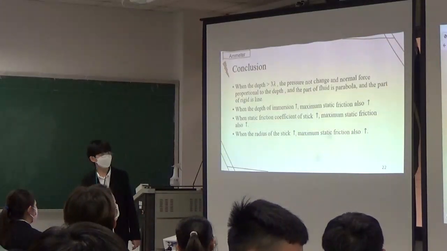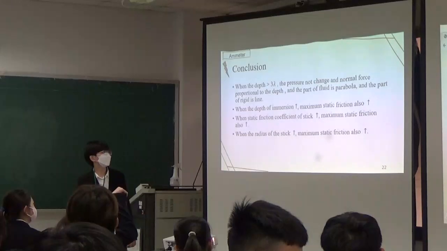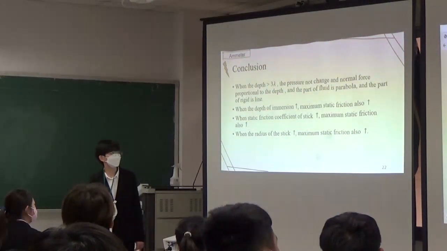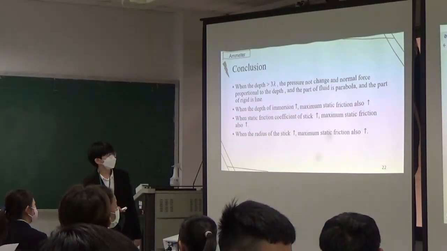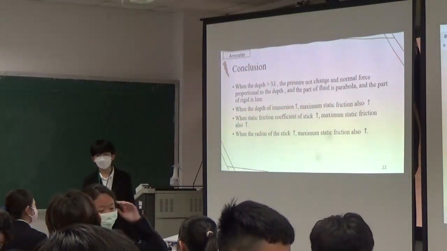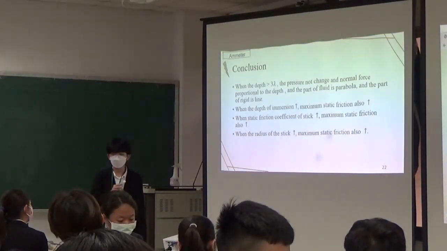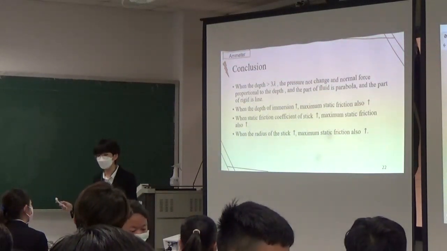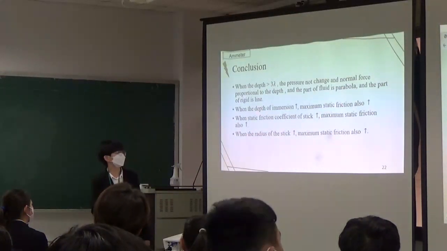So this is our conclusion. When the depth is bigger than 3 lambda, the pressure is not changed, and the normal force is proportional to the depth. The part of the liquid is a parabola, and the part of the rigid body is a line. But we can see our data, when it's between lambda and 2 lambda, or between lambda and 3 lambda, is not the parabola and the line.